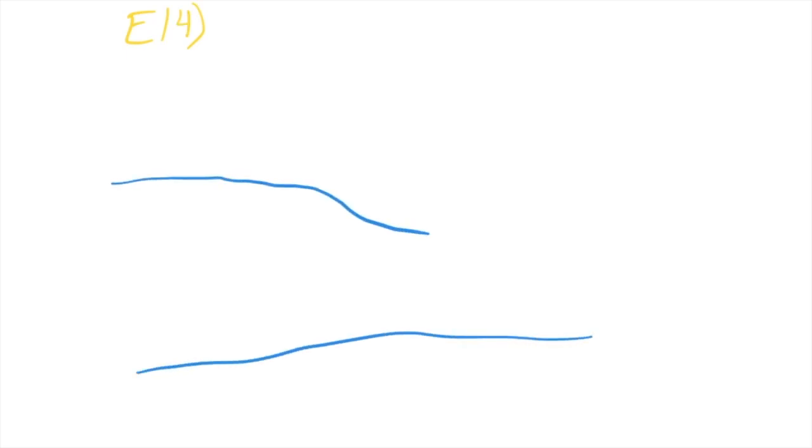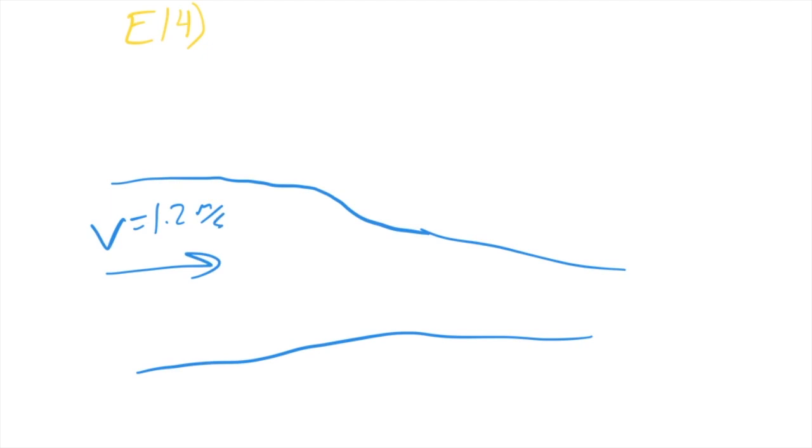Exercise 14 says a stream moving with a speed of 1.2 meters per second reaches a point where the cross-sectional area of the stream decreases. So if I'm looking at it from above, the stream narrows. So we start with an initial velocity equals 1.2 meters per second.